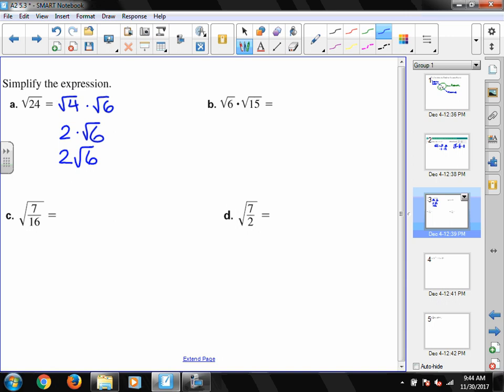So don't do like 2 and 12. That's not going to help you out a whole lot. Breaking down 6, factors of 6, 1 and 6, 2 and 3, not going to help us out much since none of those are perfect squares. So we just leave it as 2 square root 6.